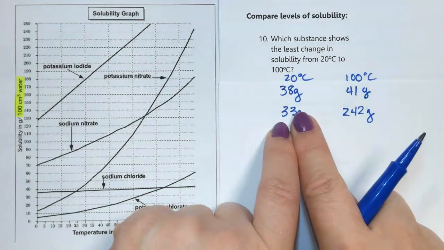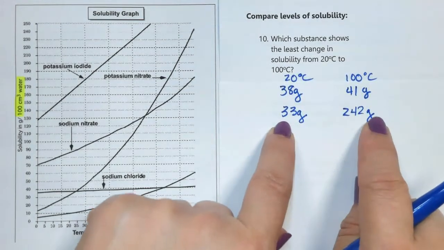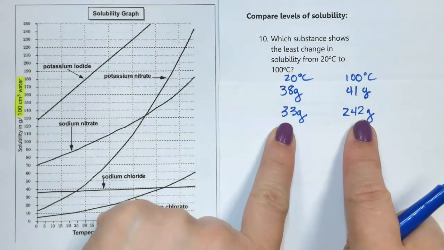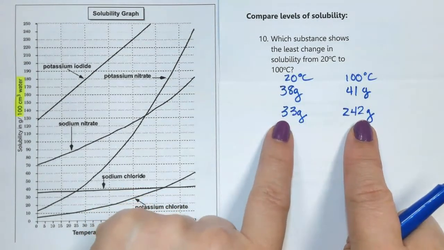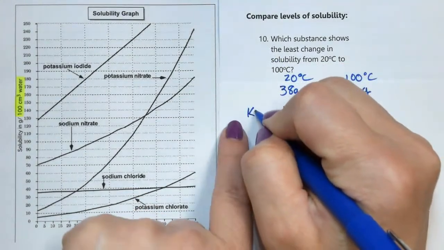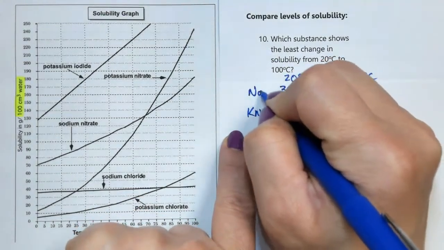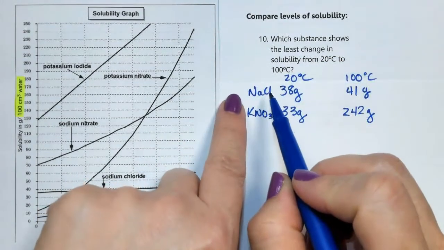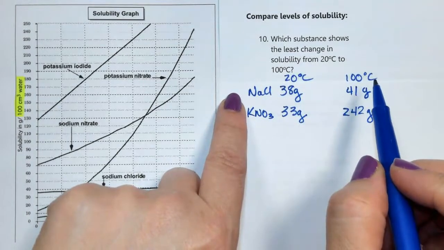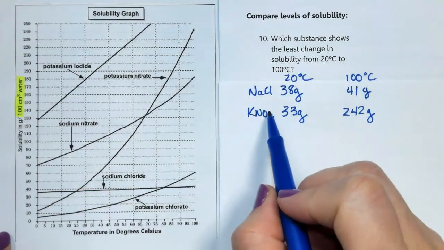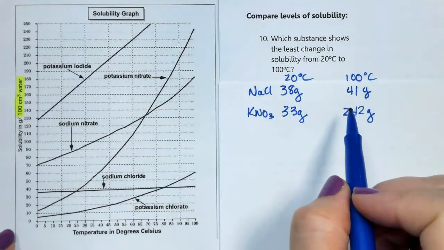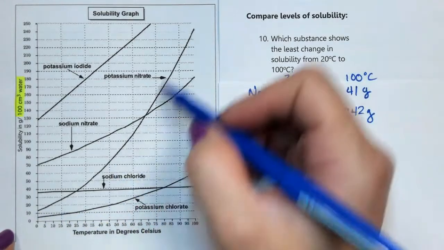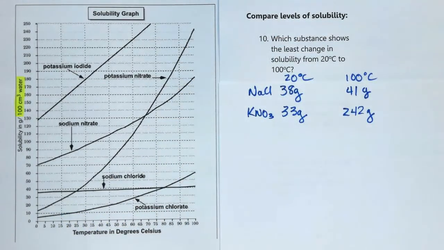We can dissolve a huge amount more if we heat the water to 100 degrees for the potassium nitrate than we could for the sodium chloride. So sodium chloride has the least change in its solubility, and we would want to say safely that potassium nitrate has the most change in its solubility with those two temperature ranges.